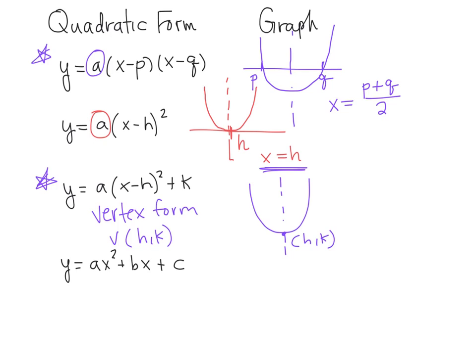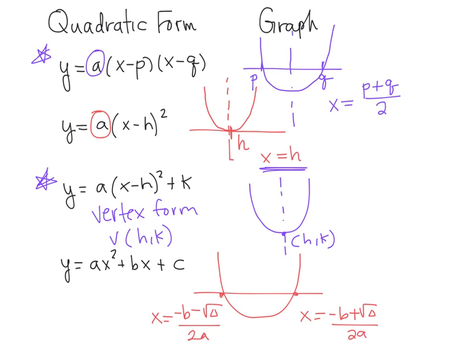Lastly, we have y is equal to ax squared plus bx plus c. The roots, the zeros of this equation, if a is positive, will be at x is equal to (negative b minus square root of delta) over 2a for the one on the left, and then for the one on the right, we'll have (negative b plus square root of delta) over 2a.